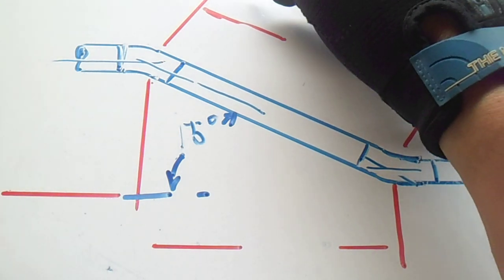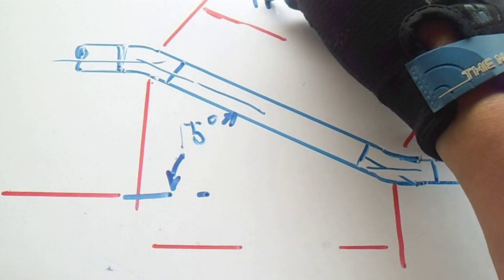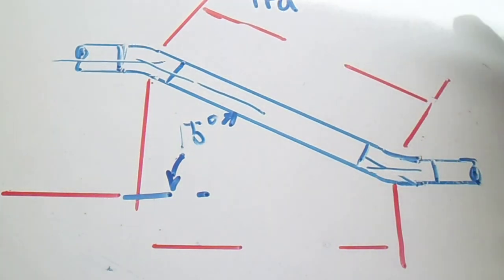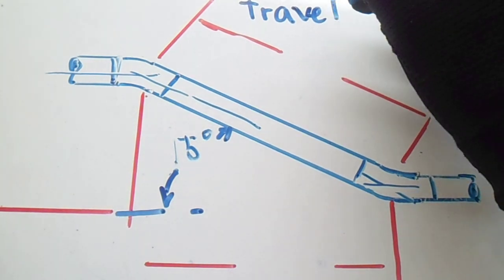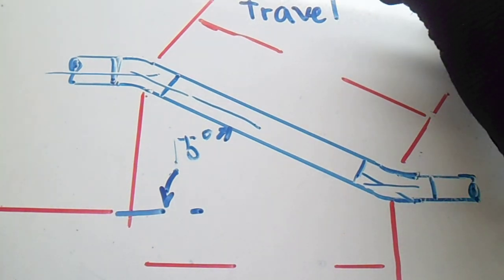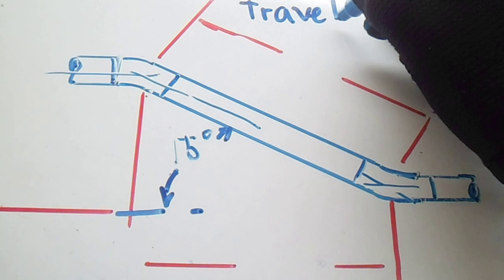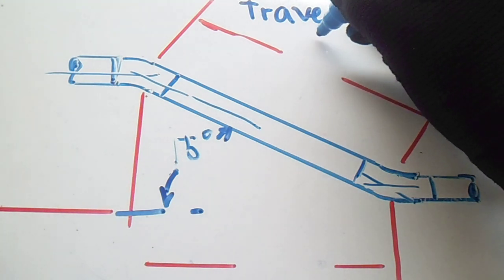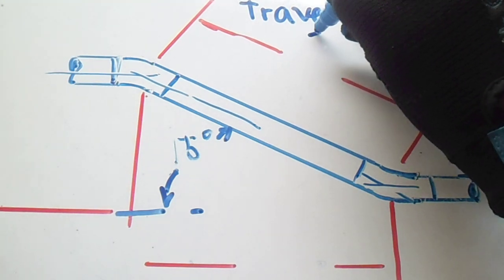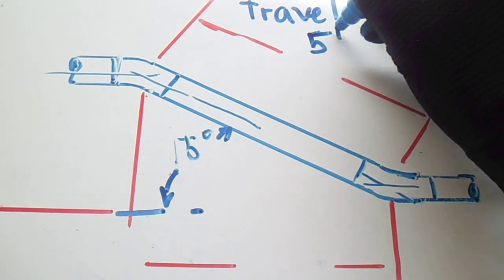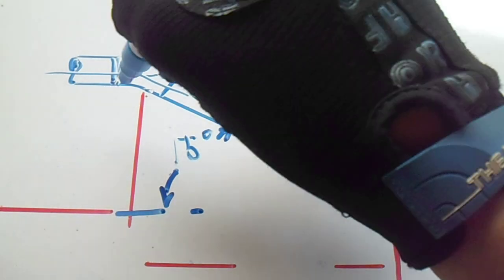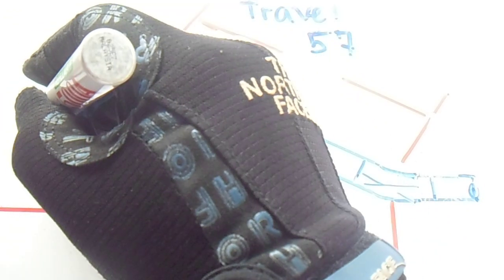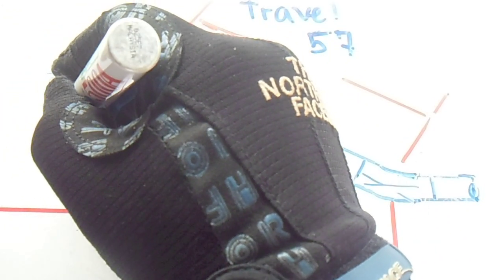This side is the travel. Let's say we have a 57 from our travel, and we will compute the set.